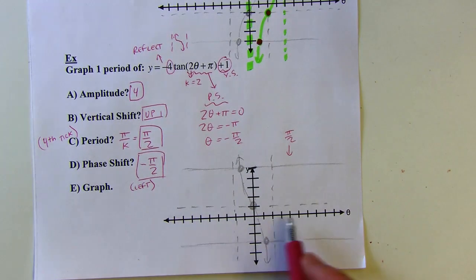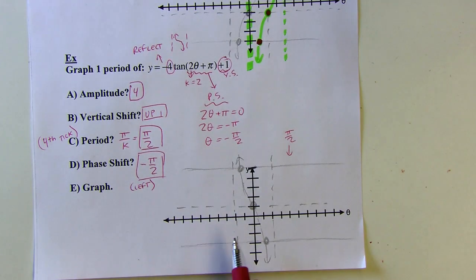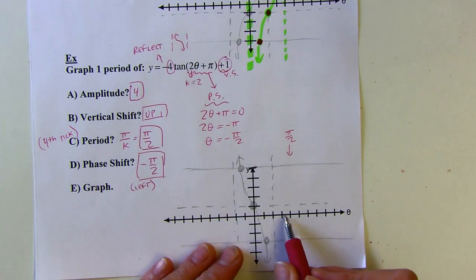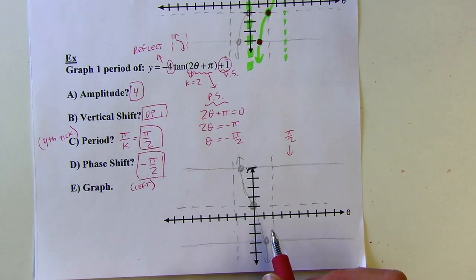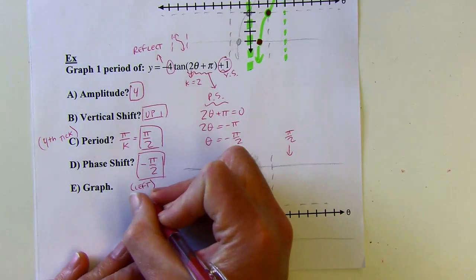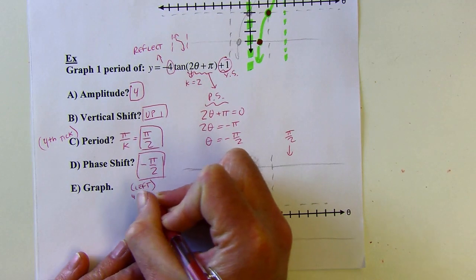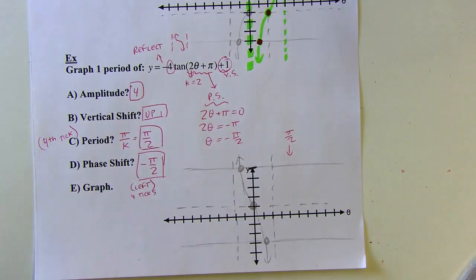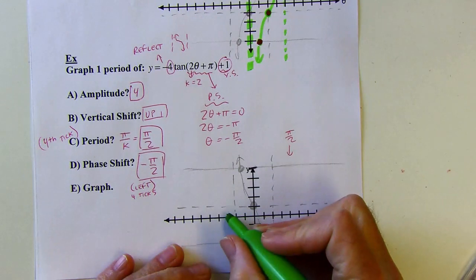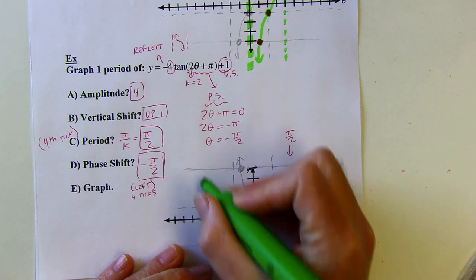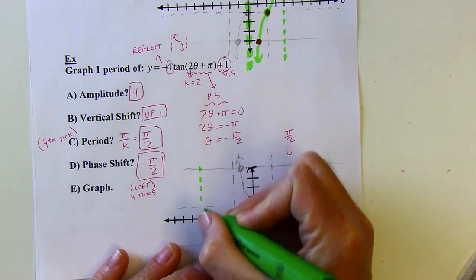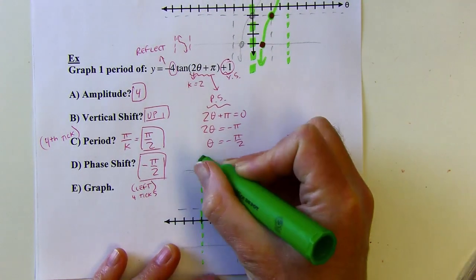But actually, that's enough for me to do the phase shift. So now I can see, okay, pi over 2 means 4 ticks. So I'm going to go 4 ticks left. Okay, so let me take this leftmost goalpost. 1, 2, 3, 4. Here's where the asymptote on the left is going to go.